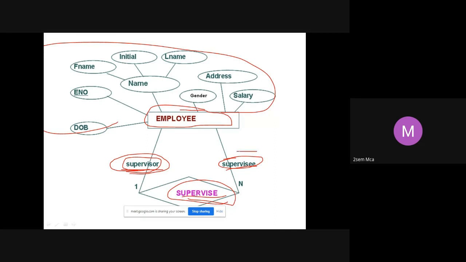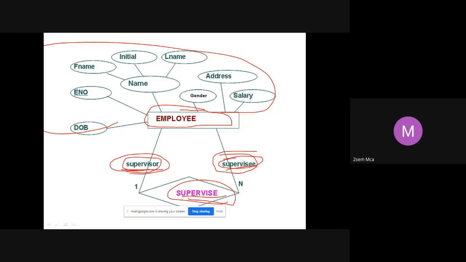Now, only one can be a supervisor. Everybody cannot become a supervisor. Correct? Now, employee also takes up another role, which is a supervisee. That means who is being supervised. If I supervise you, I am the supervisor, you are the supervisee. Next, when the principal supervises me, the principal becomes the supervisor, I become the supervisee.